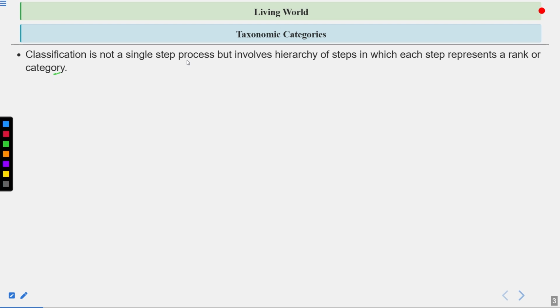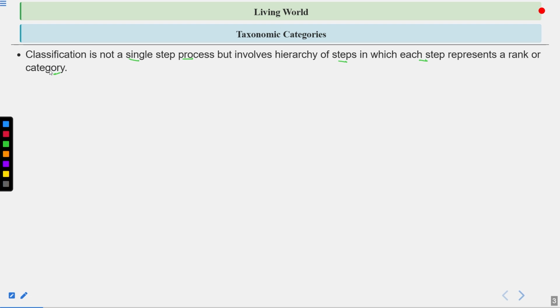We cannot study all the organisms present on the planet Earth. So we need to group these organisms into convenient categories based on the similarities or dissimilarities, or based on easily observable characteristics. So classification is not a single step process, but involves hierarchy of steps, and each step represents a rank or a category.